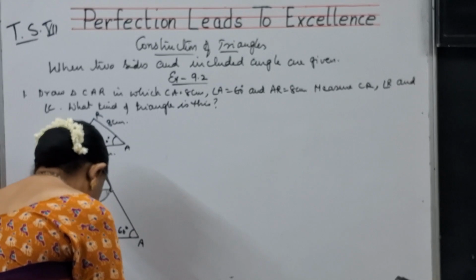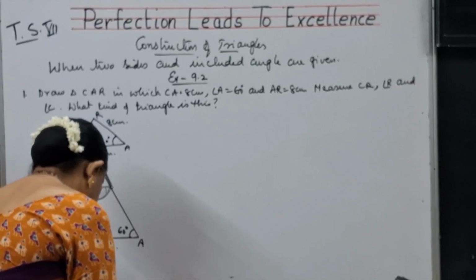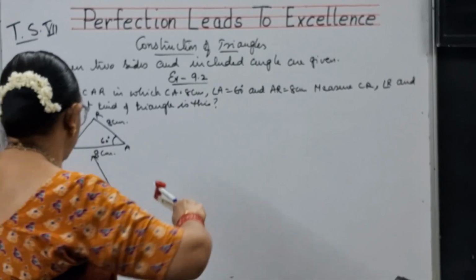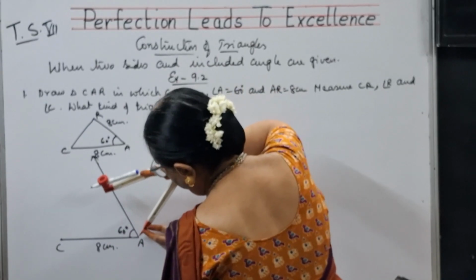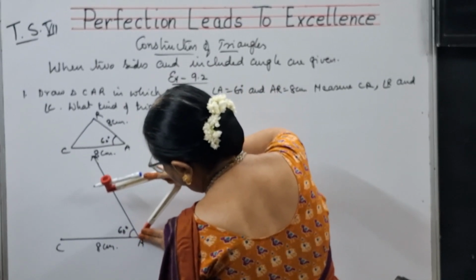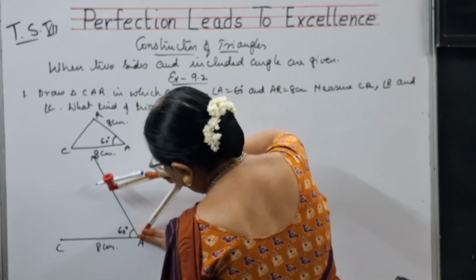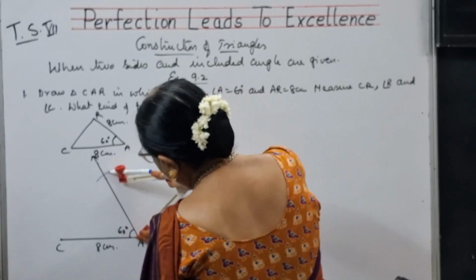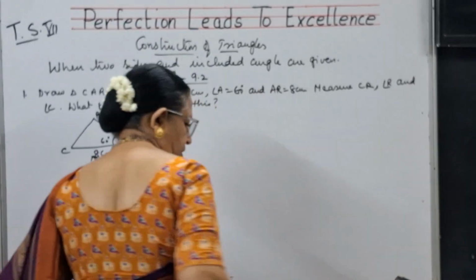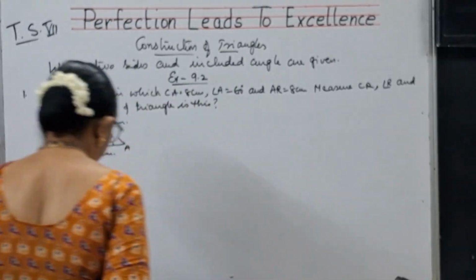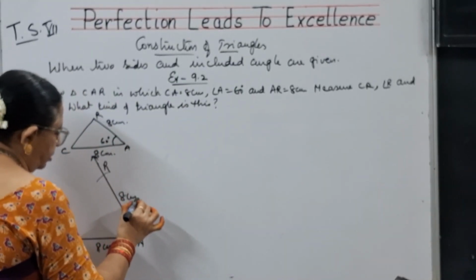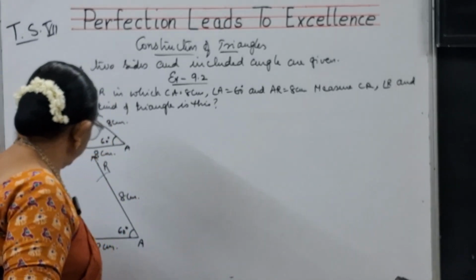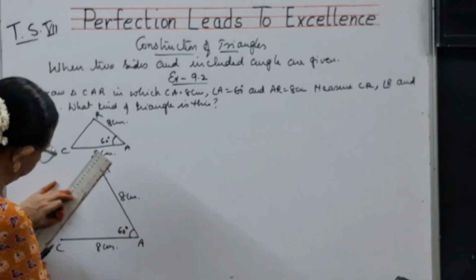So with A as center, I should draw an 8 centimeters arc. So that is the arc that we have got. This is R, 8 centimeters. And now join R and C.